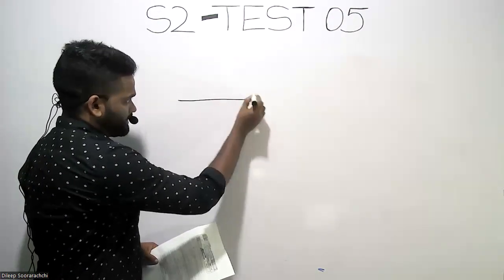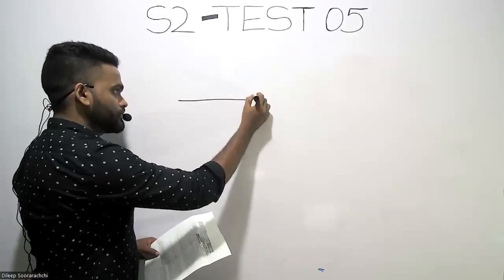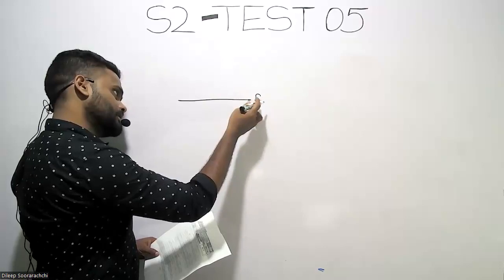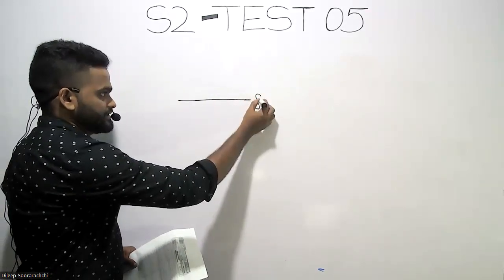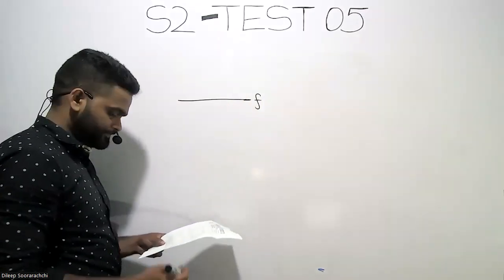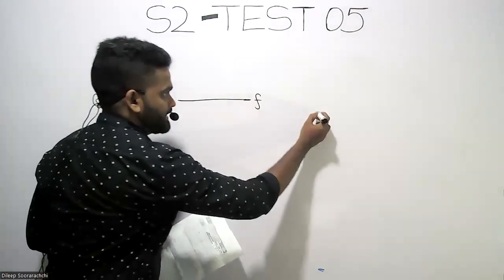So let's say this is the another sound. We don't know the frequency of that sound, right? So let's say the frequency is F.